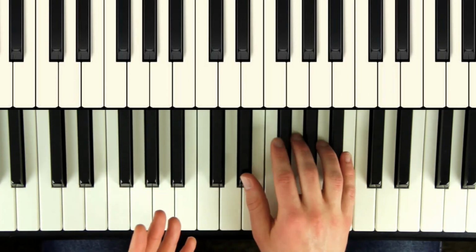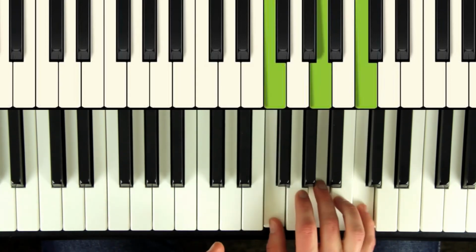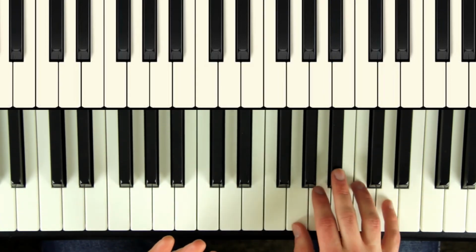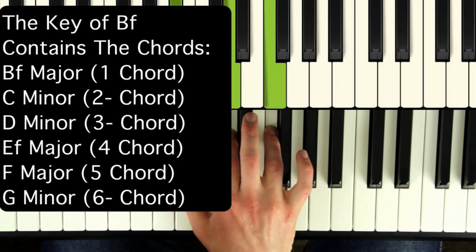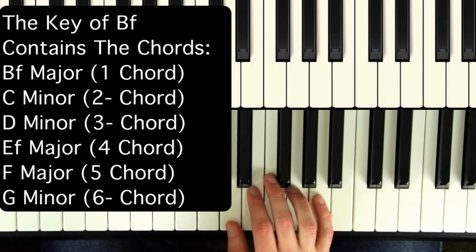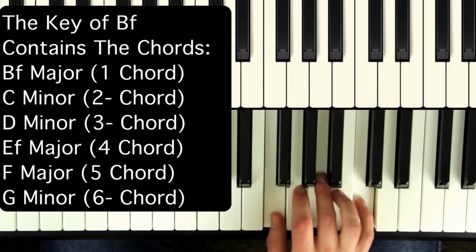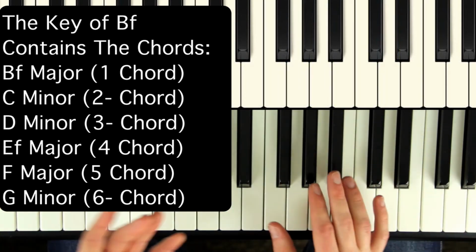But basically, it's going to be an E flat major chord, and the 5 chord is going to be an F major, and the 6 chord, remember 6s are minor, so it's going to be a G minor chord. So now we know in the key of B flat, the chords are B flat major, C minor, D minor, E flat major, F major, and G minor. So if we play these chords together, they're going to sound good.